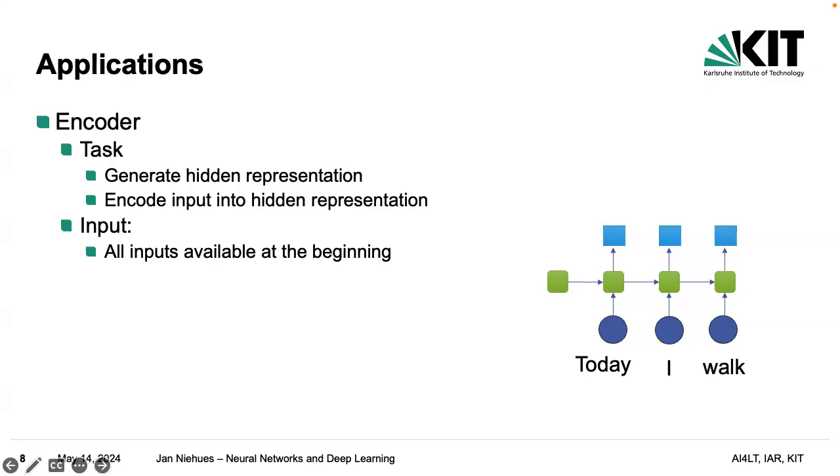We call these types of models typically the encoders. So we're trying to encode all our information in order to generate some type of hidden representation.